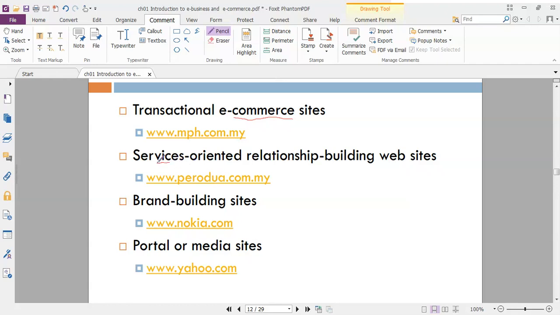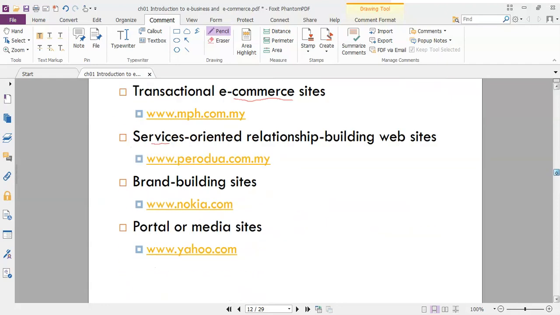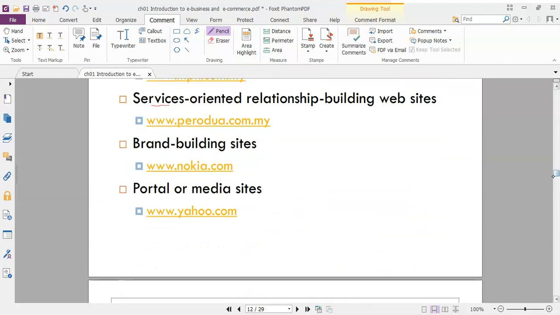That is services. If you want to make an appointment to service your car, you need to go to www.produa.com.my. That is an example of a service oriented sell side e-commerce site.